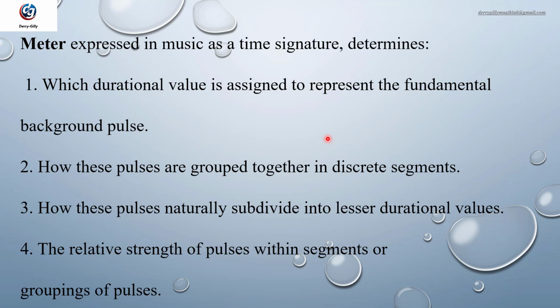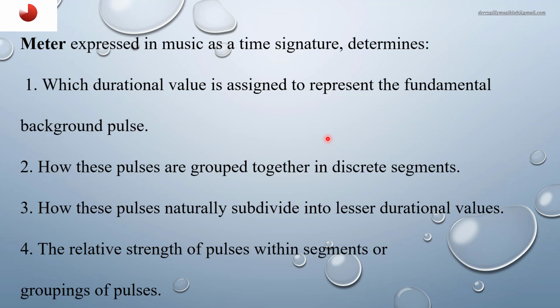So when we talk of meter, we'll say that it's expressed in music as a time signature, and it determines the four. That is one, which durational value is assigned to represent the fundamental background pulse. And then the second one is how these pulses are grouped together in discrete segments. Then the third one is how these pulses naturally subdivide into lesser durational values. And then the fourth one is the relative strength of pulses within segments or groupings of pulses.